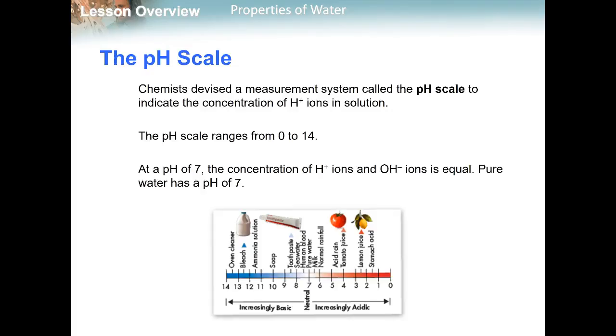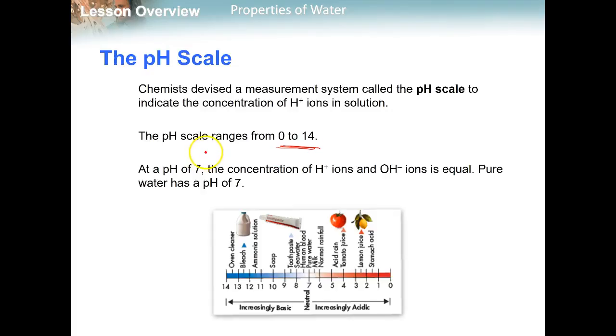So let's talk about this. We use something called a pH scale. And the pH scale tells us about the concentration of hydrogen ions that we have in a solution. So the pH scale runs from 0 to 14.